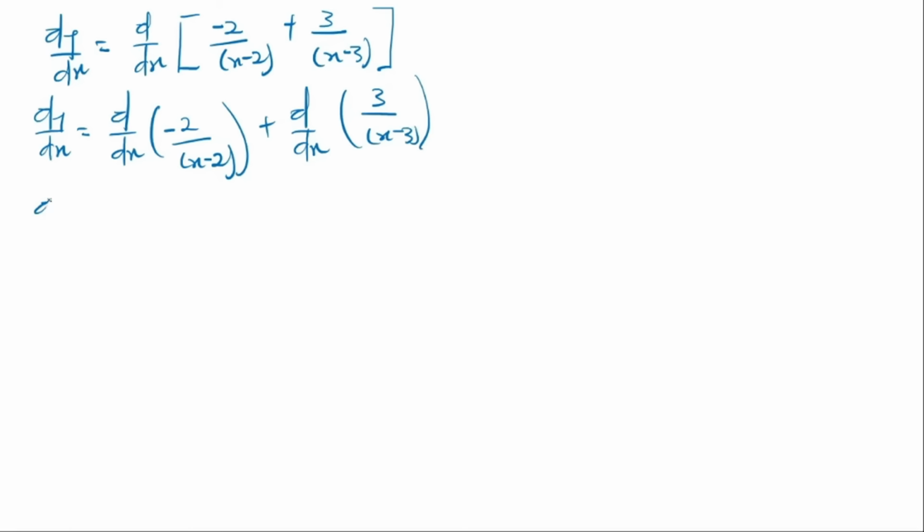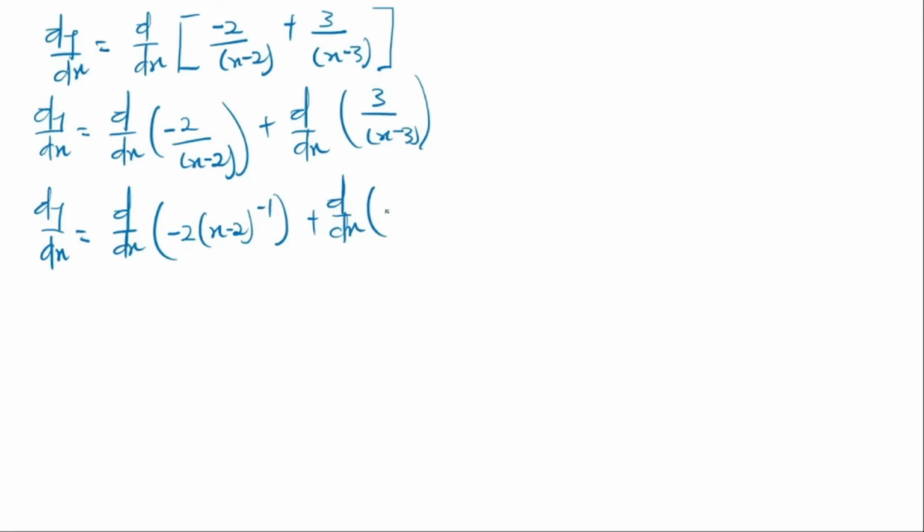From here, the negative 2 is a constant, so we can rewrite everything as negative 2 times x minus 2 raised to the power negative 1. We bring this to the top, so it becomes x minus 2 raised to the power negative 1. Then we do that for this side as well, so we have d dx of 3 times x minus 3 raised to the power negative 1, then we close the bracket.